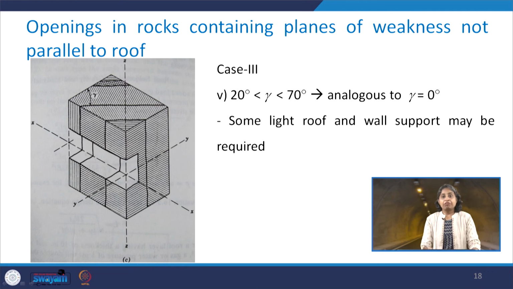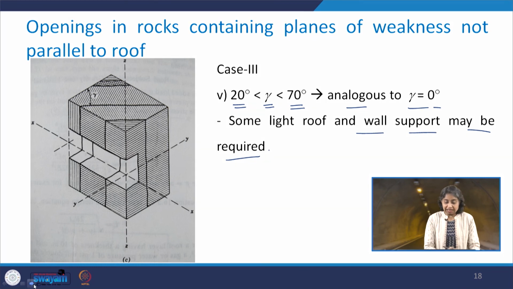In case gamma is varying between 20 degree and 70 degree, what will happen? This is analogous to gamma equal to 0 degree. So, in this case some light roof and wall support may be needed. Basically, from all these 3 cases, based upon the orientation of the planes of lamination with reference to the orientation of the opening, you can decide which case it is.